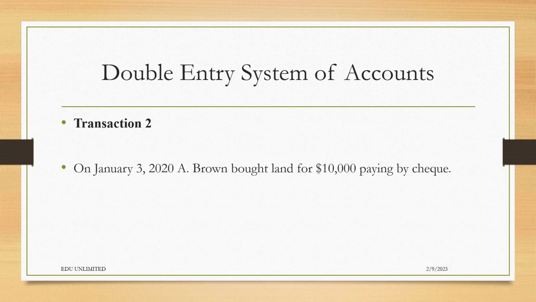Transaction number 2. On January 3, 2020, A. Brown bought land for $10,000 paying by check. The two accounts concerned are land, which is an asset. It is a non-current, also called a fixed asset.